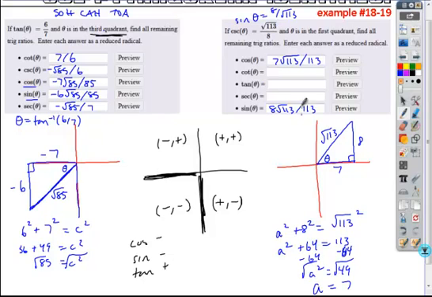My tangent is going to be opposite over adjacent, so 8 over 7. I'm going to go ahead and flip that for my cotangent, 7 over 8. And my secant is the reciprocal of cosine, so that's going to be root 113 divided by my adjacent 7. And those would be my solutions.